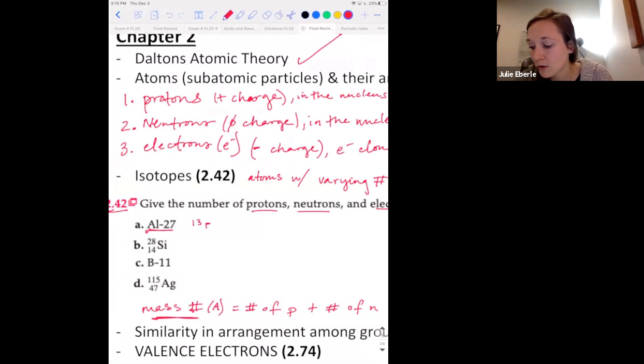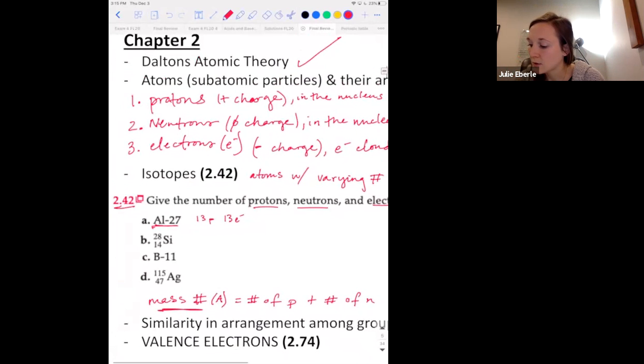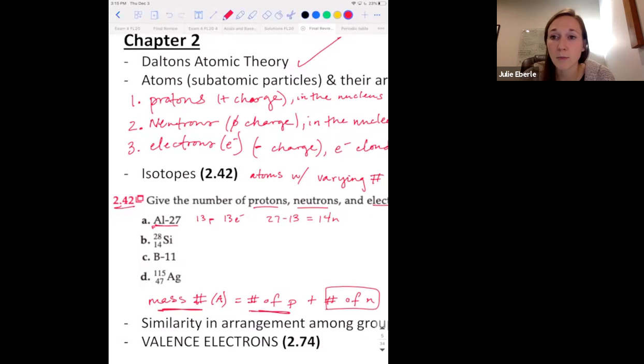But for now, we're talking about neutral atoms, so we have 13 electrons as well. But how many neutrons do we have? 13 protons, 13 electrons. How many neutrons? Well, we will take the mass number, we'll plug in the number of protons, and we'll solve for the number of neutrons. So we're just going to do the mass number minus 13 here, which is 27 minus 13. We have 14 neutrons. That is how you solve a problem like this.